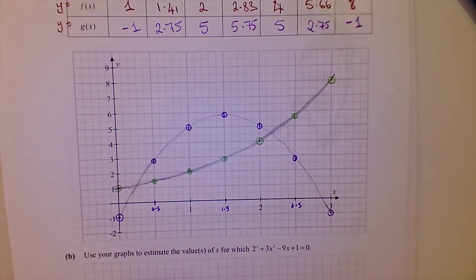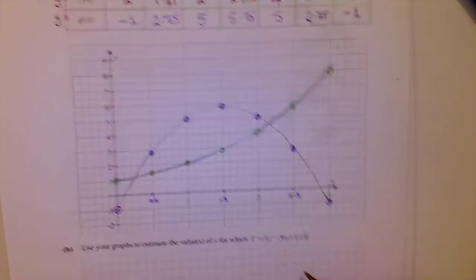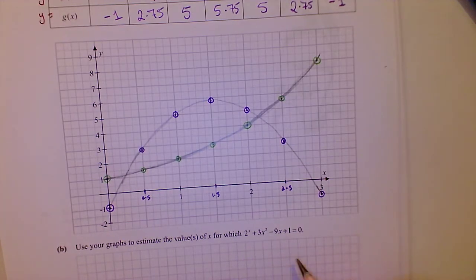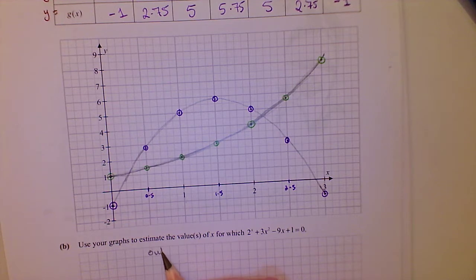Now, they've asked us to use our graphs to estimate the values of x for which they are equal to 0. So what they're saying here is, when is this plus this equal to 0? So they're looking for the output of the two graphs together equal to 0.